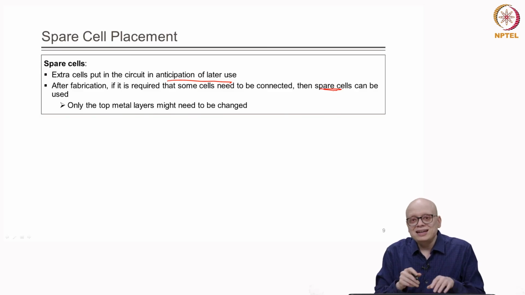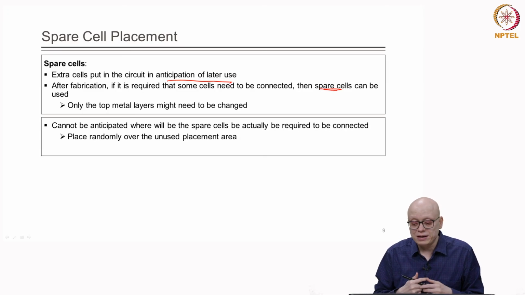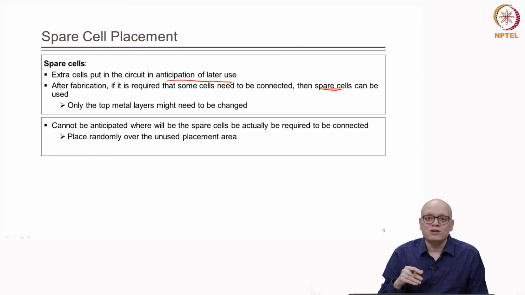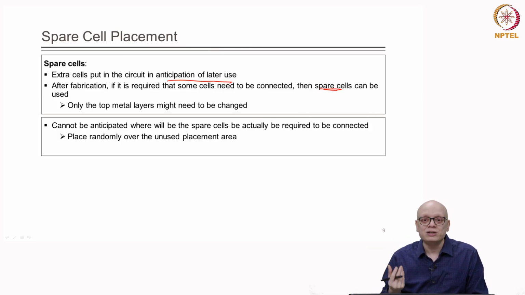Now, we said that we will add some spare cells in our design. The question is where to place those spare cells, right. Ideally those spare cells should be placed where we think that those might be used. But when we do not know the problem itself in the first place, it is very difficult to anticipate where those spare cells will actually be used, right.